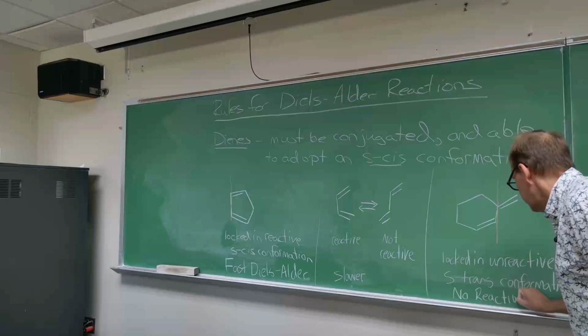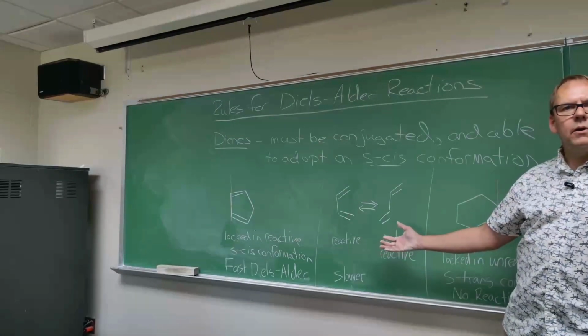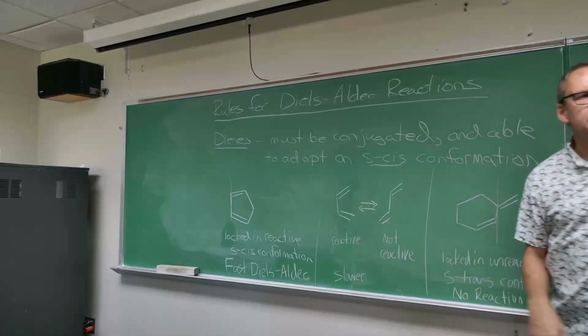So in a sense, this one is the slowest of them all. So it doesn't work at all. So there's this hierarchy of reactivity. And then in this realm right here, you can think about all those permutations where we had methyl groups at the ends of the diene in various places.